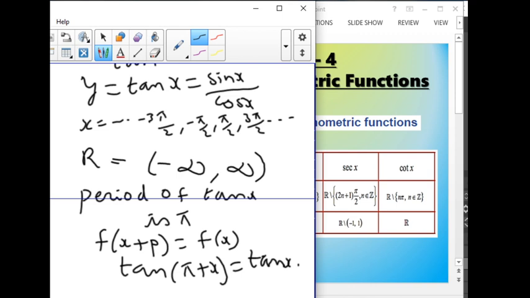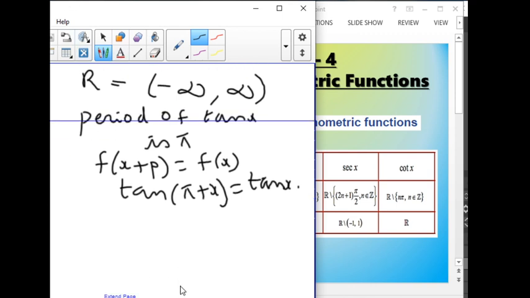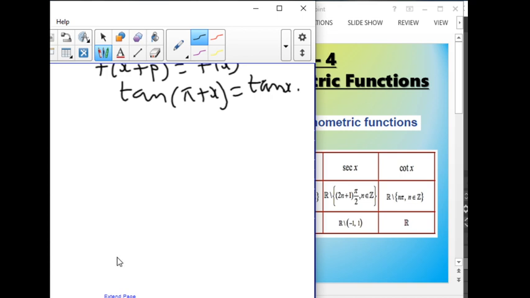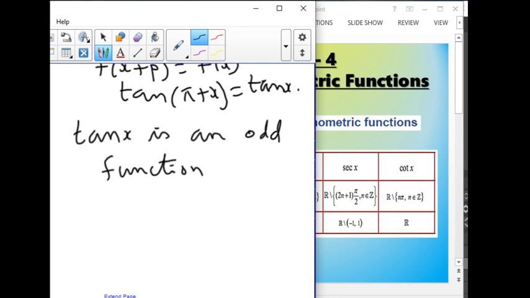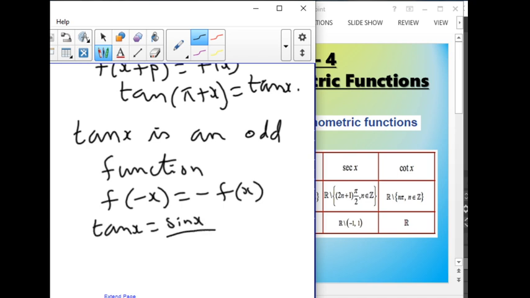And the tangent function, tan x, is an odd function. Why? This also we have seen. When f of minus x is equal to minus f of x, we call it an odd function. Here tan x is equal to sin x by cos x.